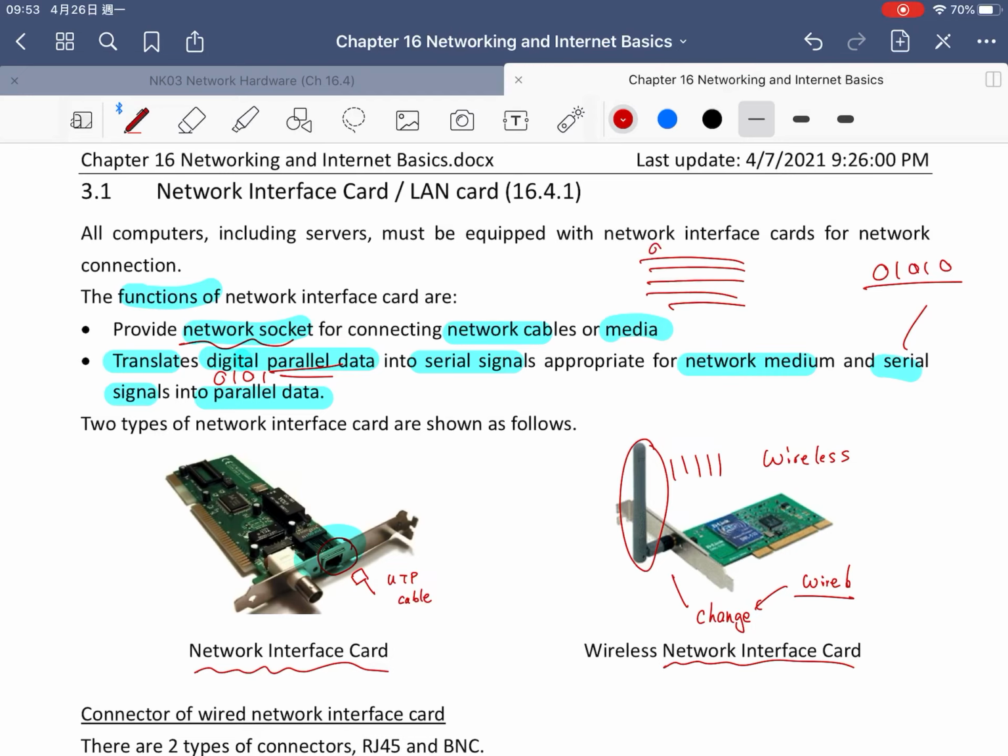The data is transmitted in parallel. For example, there are a lot of network cables, a lot of wires. So at a time, you can transmit up to 1, 2, 3, 4, 5, 6 data at a time. So the transmission speed of the parallel data is higher than the serial data. It is serial.